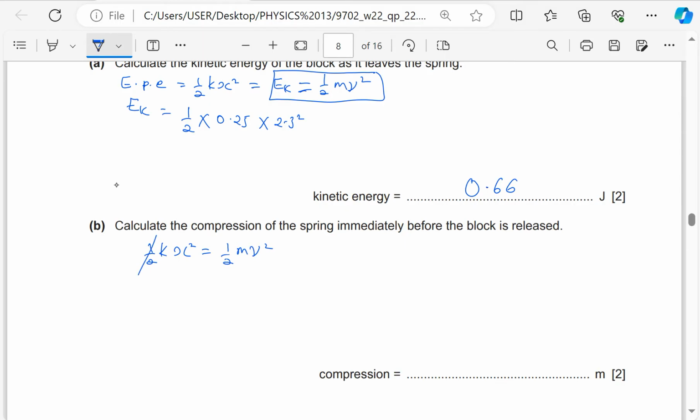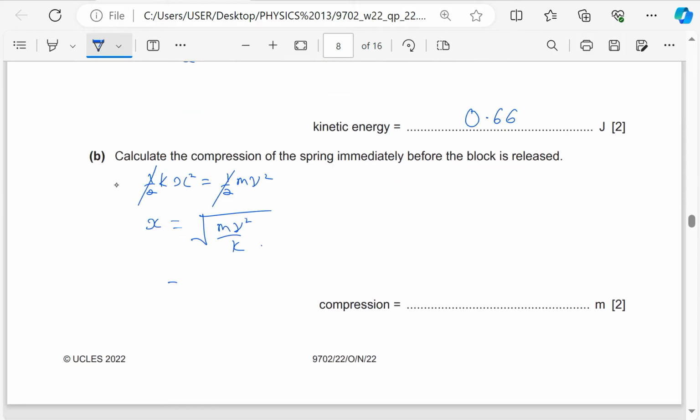Okay, so a half cancels out. I can make x the subject, so x is going to be the square root of m v squared divided by k, since they gave us k. So I'll substitute in the root of, the mass is 0.25, v was 2.3 squared, divided by k, which is 420.